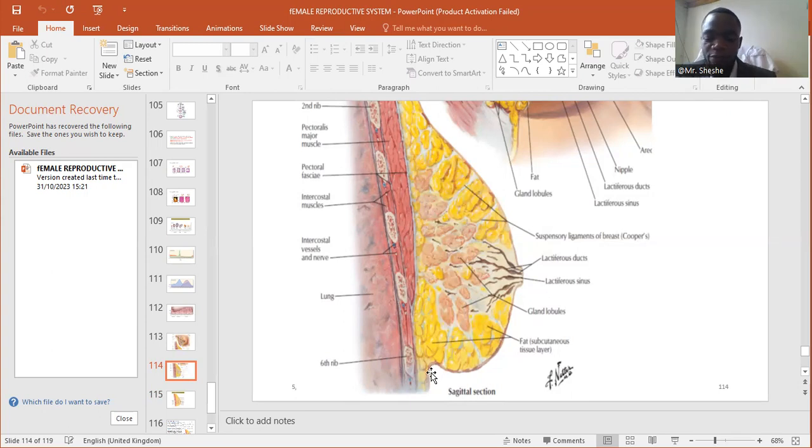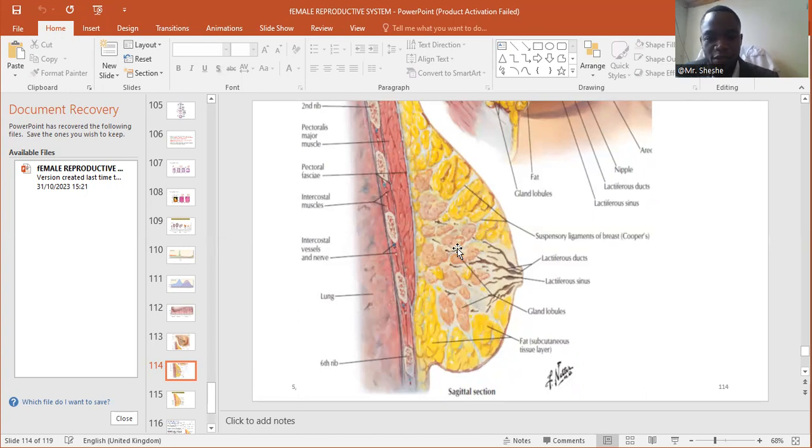So as the volume of the breast increases, especially during pregnancy, because of fat accumulation and growth of the lobules and the lobes, the breast becomes so big. So expect that a woman after breastfeeding maybe 2, 3, 4, 5 babies, the way the breast will be positioned is not the same as a woman who has not yet breastfed or who has not yet gotten pregnant before.